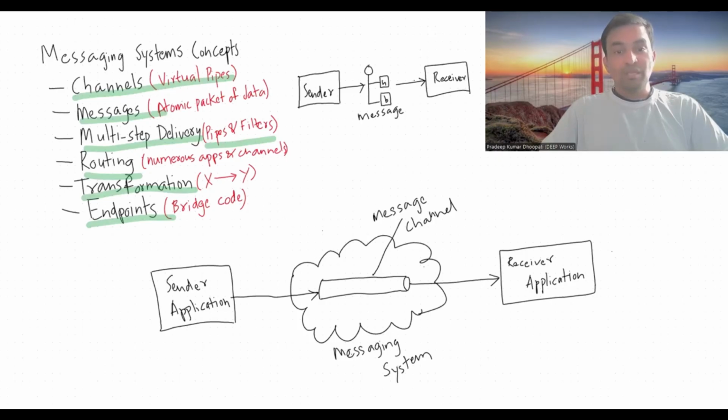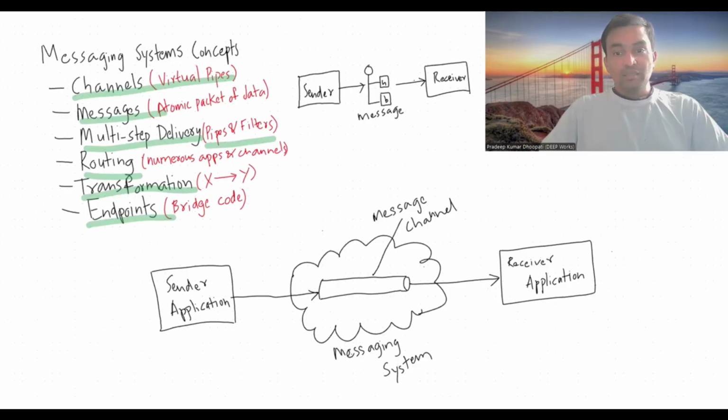Instead, there will be some bridge code, or maybe we can call it integration code, which will know how a sender application works, how a receiver application works, and how a messaging system works. This integration code is responsible for connecting the sender and the messaging system, and likewise the messaging system and the receiver, so that the integration will become seamless.